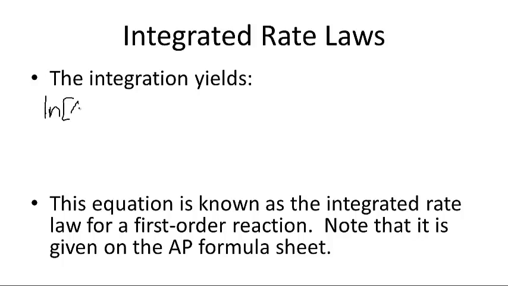So I'm going to have the natural log of A at time t minus the natural log of A at time 0. And then that's going to be equal to, well, the integral of a constant.